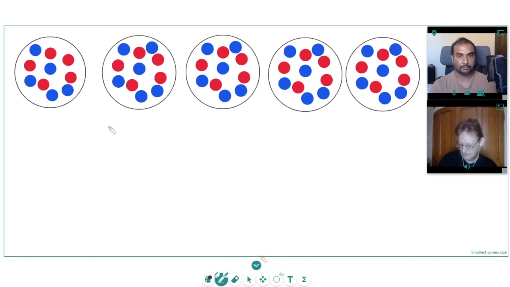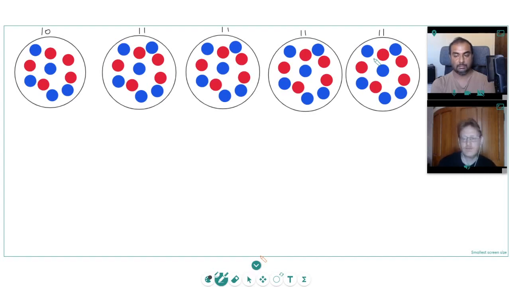And I can also just be clear that this is a 10. Excellent. So we can see there we've got 4 boron-11 isotopes for every one boron-10 isotope.